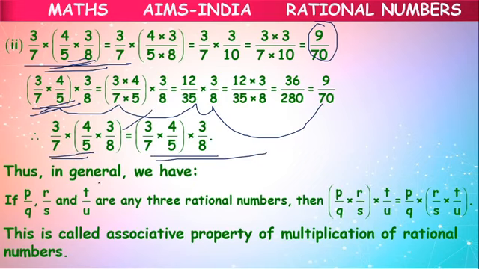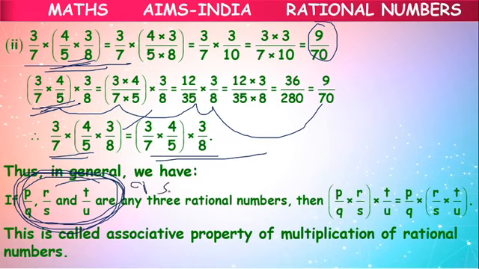So in general, what we can say is, when we have three rational numbers in the form P/Q, R/S, T/U, where Q, S, U are not equal to 0, then the first two kept in brackets, multiplied and simplified, then multiplied with the third one, is equal to the second and third kept together, simplified and multiplied with the first one.